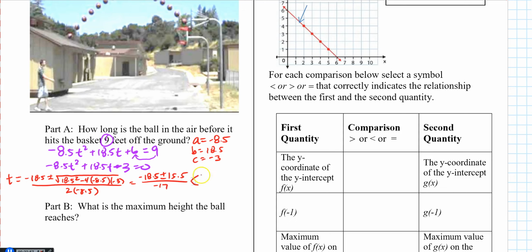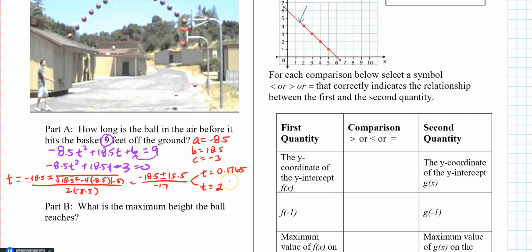When I split that, I get t equals 0.1765 and t equals 2. So I used my calculator and did negative 18.5 plus 15.5, divided that by negative 17, and then I did negative 18.5 minus 15.5 and divided that by negative 17 as well.